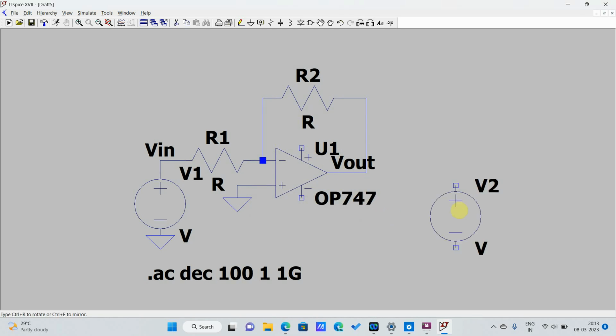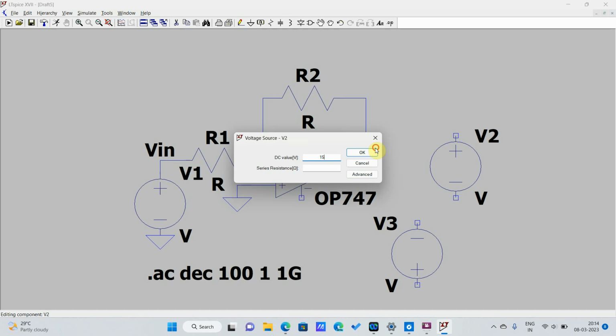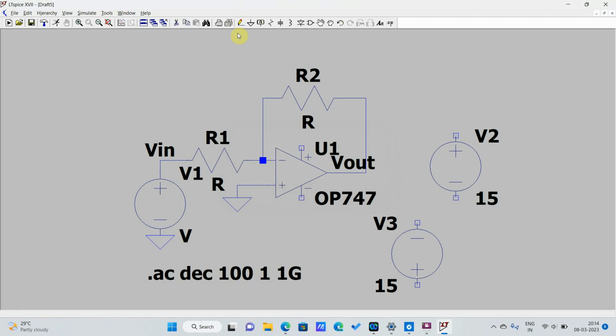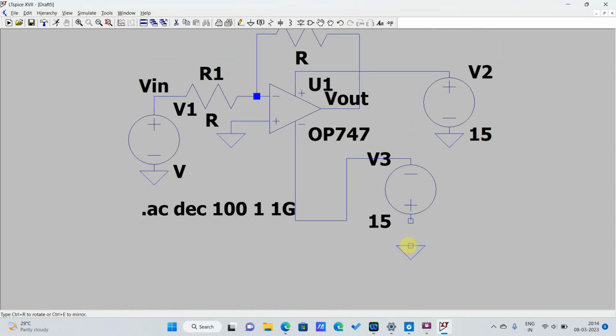Yeah, we need to give voltage supply to the op-amp as well.